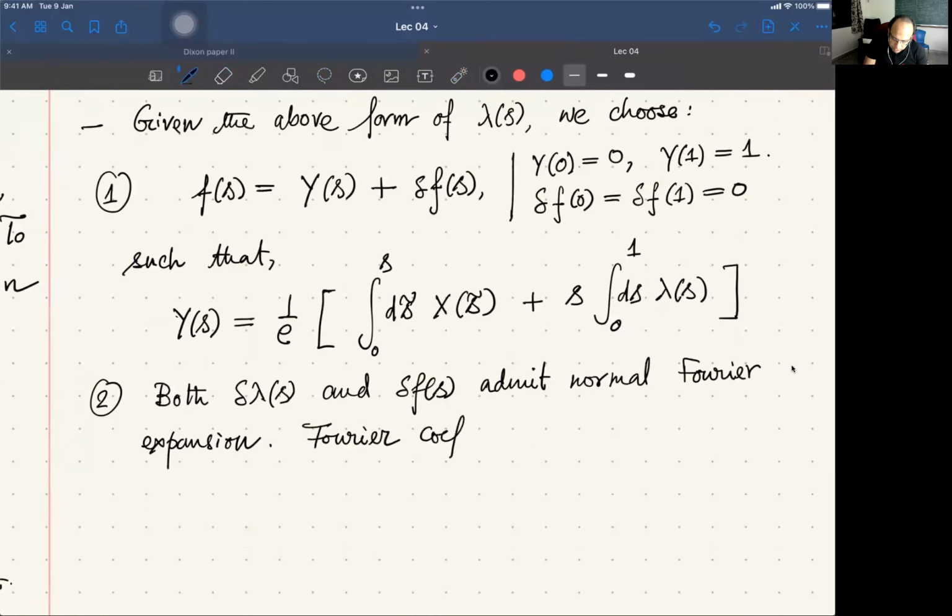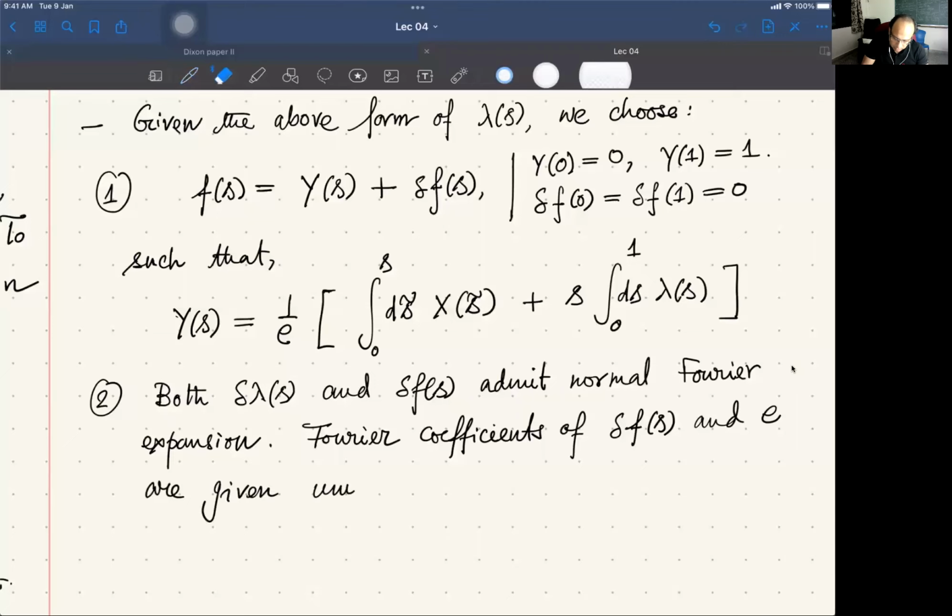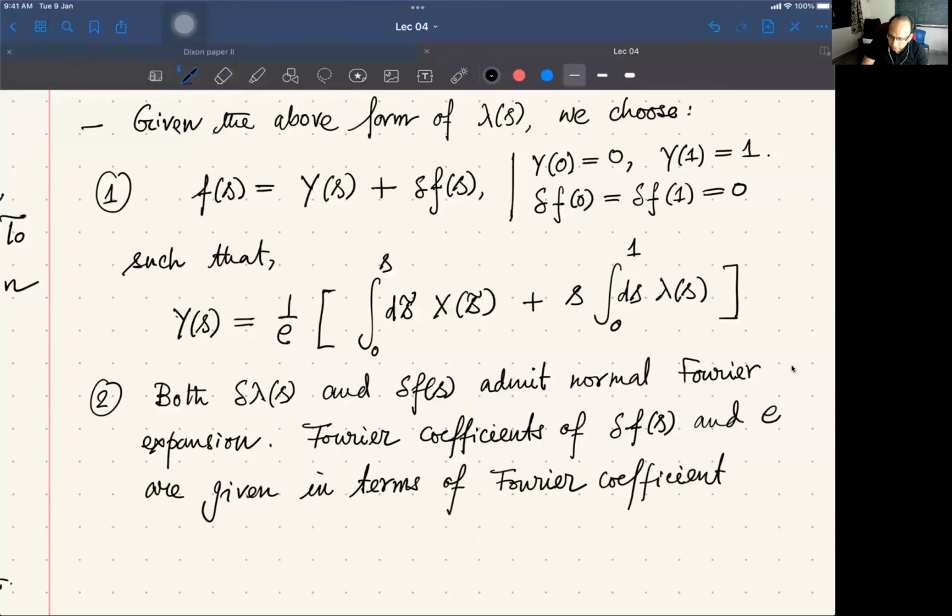the Fourier coefficients of delta f and e are given in terms of Fourier coefficients of lambda of s.